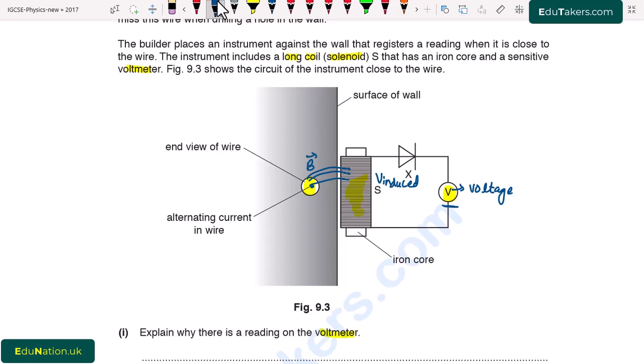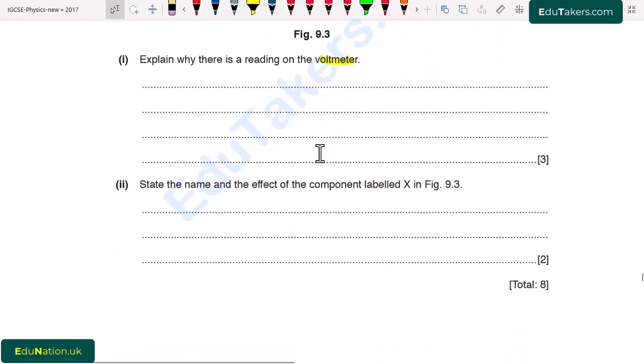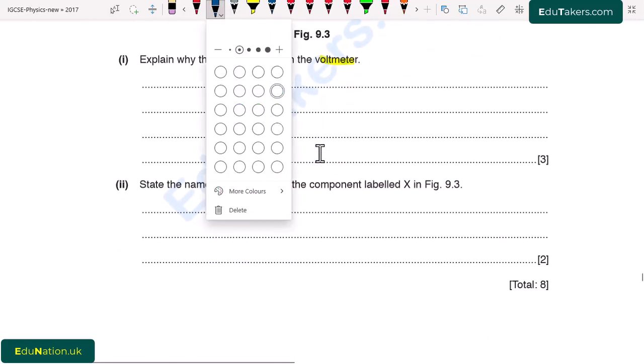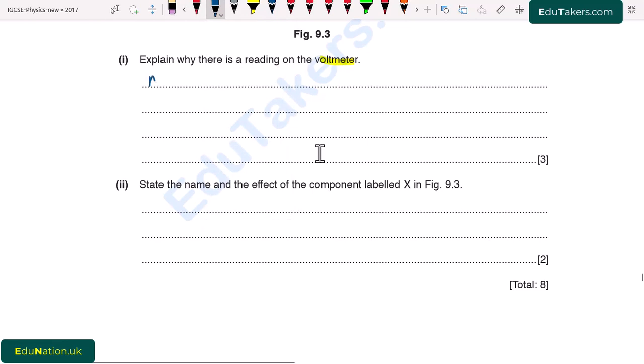So I write here, magnetic field is formed due to alternating current.